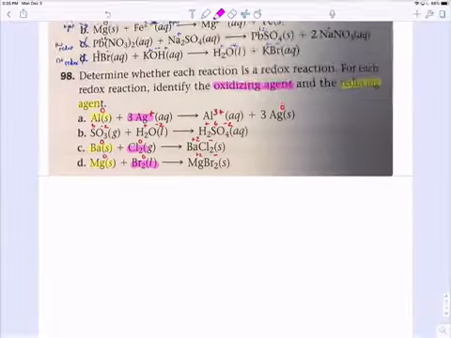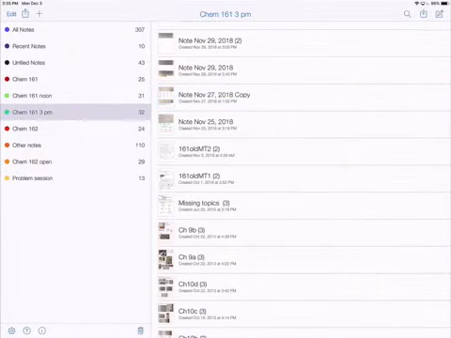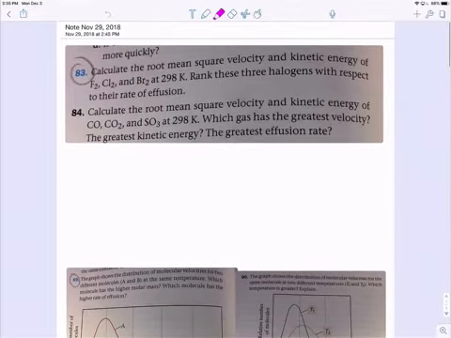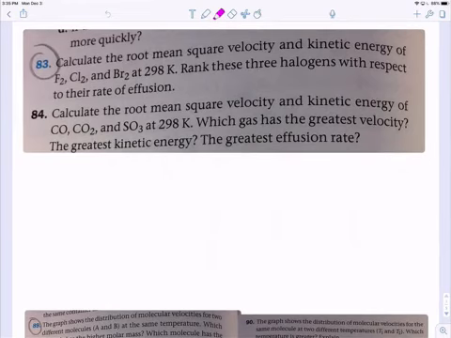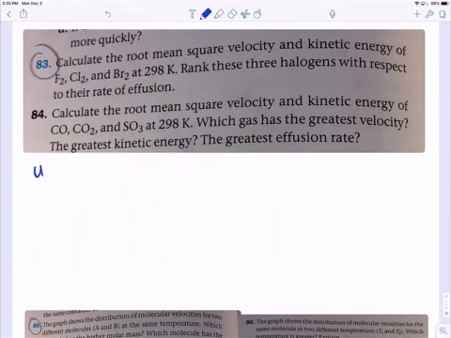Okay, all right, then next one. You'll be given this equation, with the u_rms is the square root of 3RT over M, where M is in kilograms per mole.